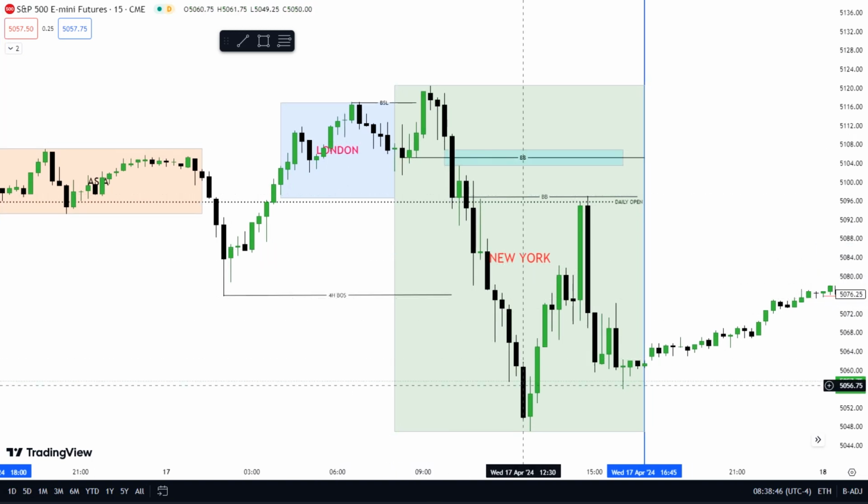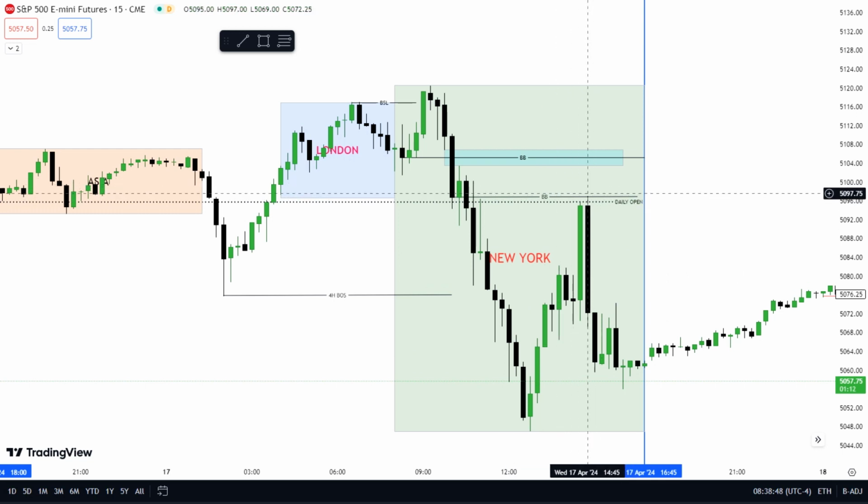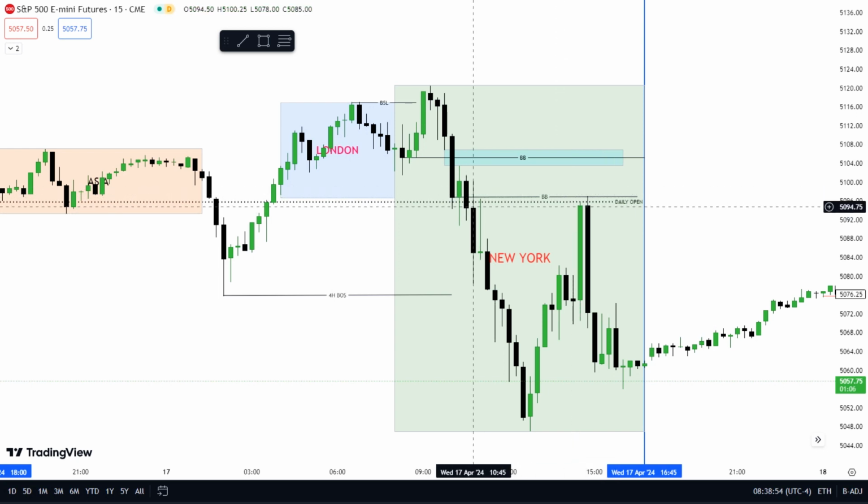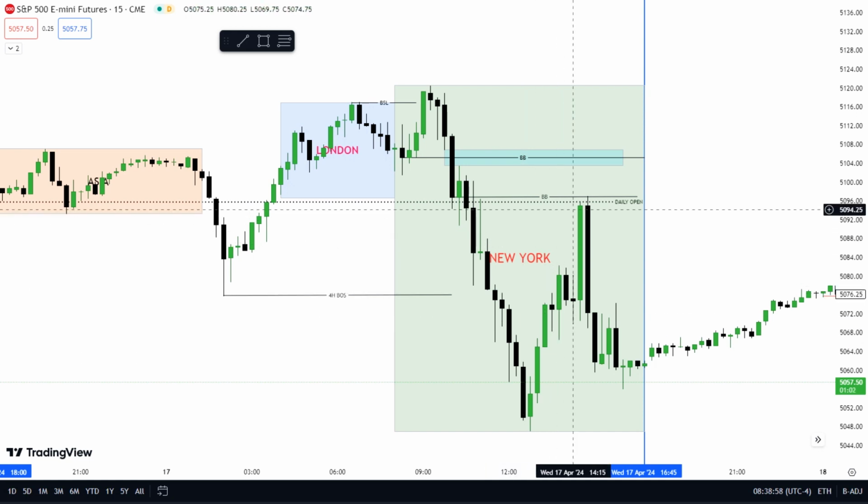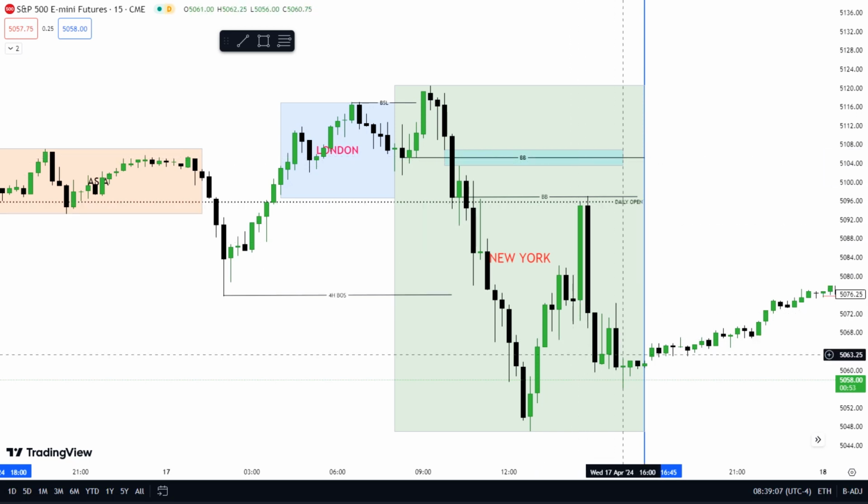Since New York pushed lower, we can target to put our sell limit either right on this breaker block or this one. The fact that it did not push higher means there's probability that you can put one position right there and another position right there. Whichever got triggered made you money, as easy as that.